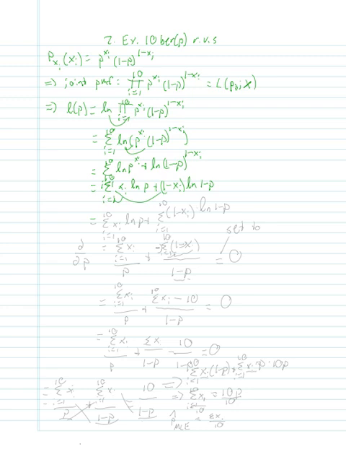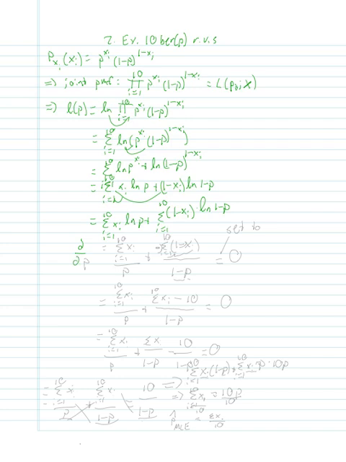And now I'm going to distribute in this summation. So we have the sum from i equals 1 to 10 of xi times log of p plus the sum from i equals 1 to 10 of 1 minus xi times log of 1 minus p.